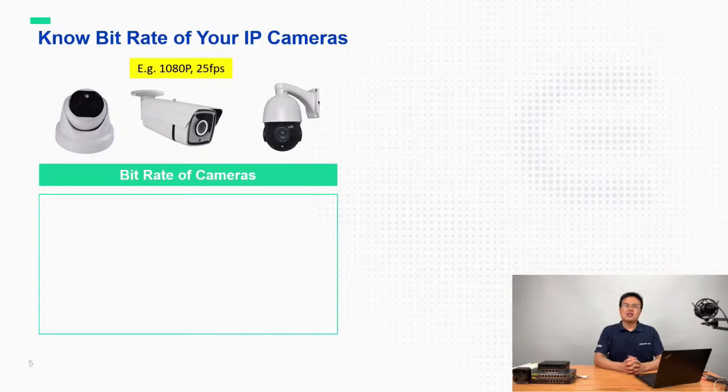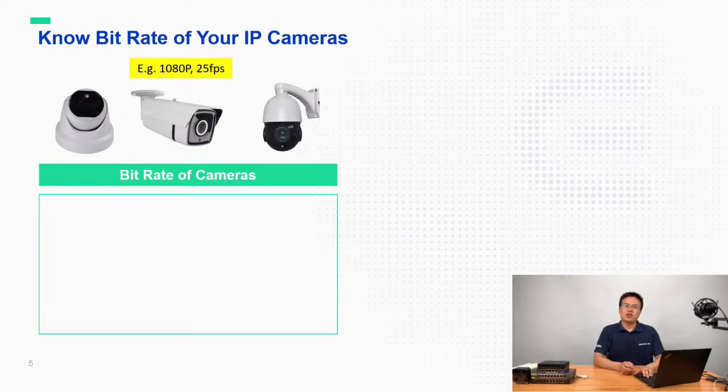Next, we want to know how many cameras can be connected to a switch. We must know the bitrate of the cameras you are using. We take 1080p and 25 fps cameras as the example.